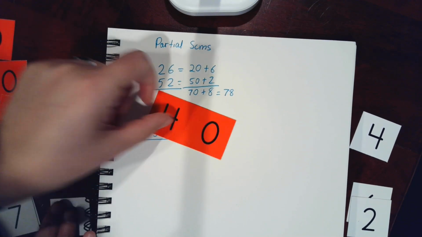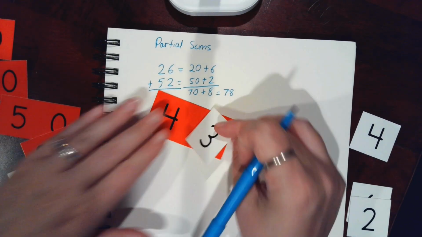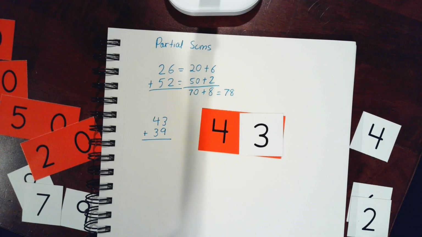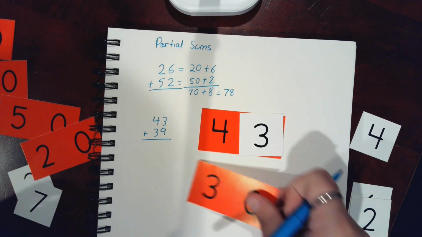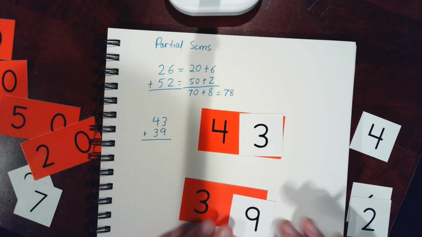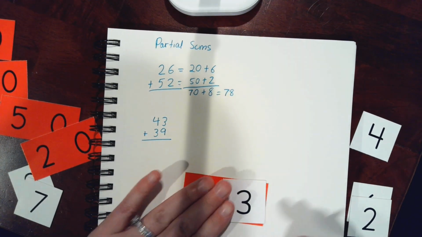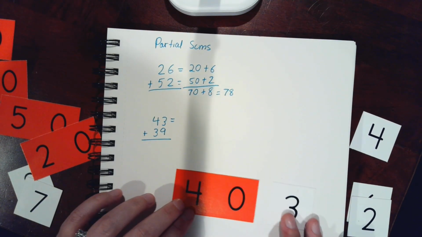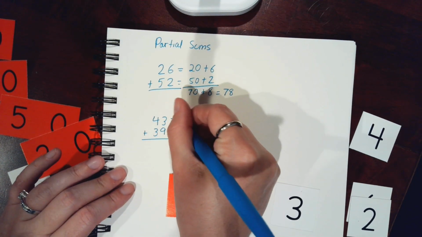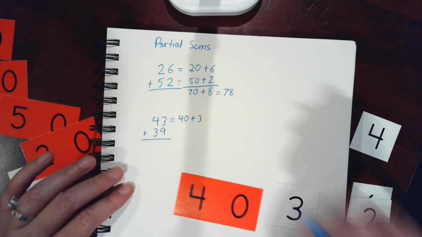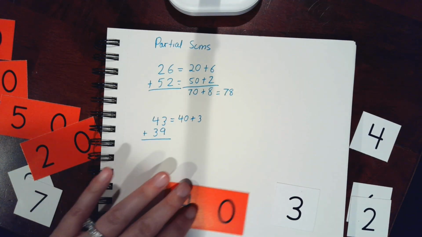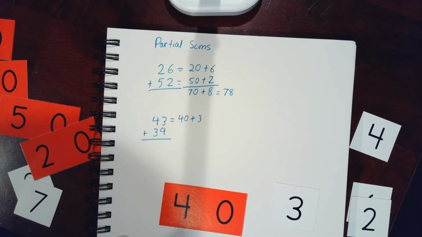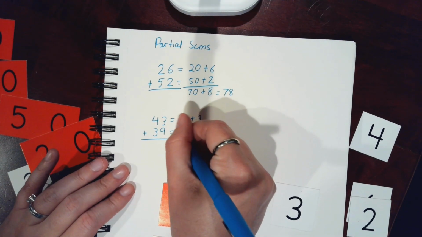So I'm going to take my 43 and my 39, and I am going to expand out 43, which would be 40 plus 3. And when I expand out my 39, it would be 30 plus 9.